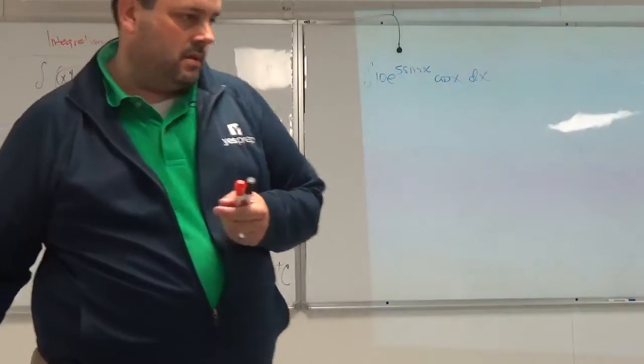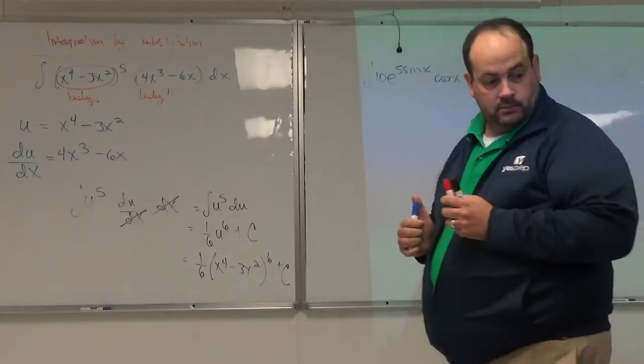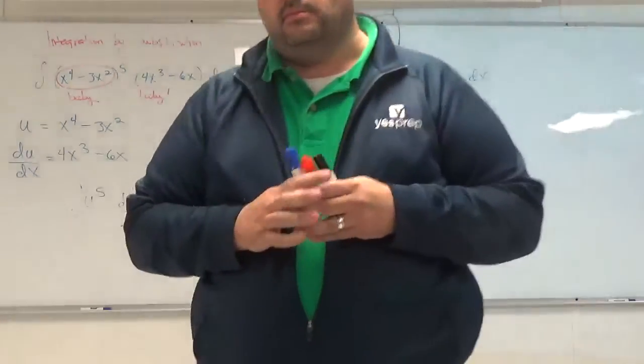Yeah, 5x. Remember, you're looking for baby, and derivative of baby. The baby's first. You gotta get both. No, because wouldn't this be the girl? Oh, which one? So not the five.